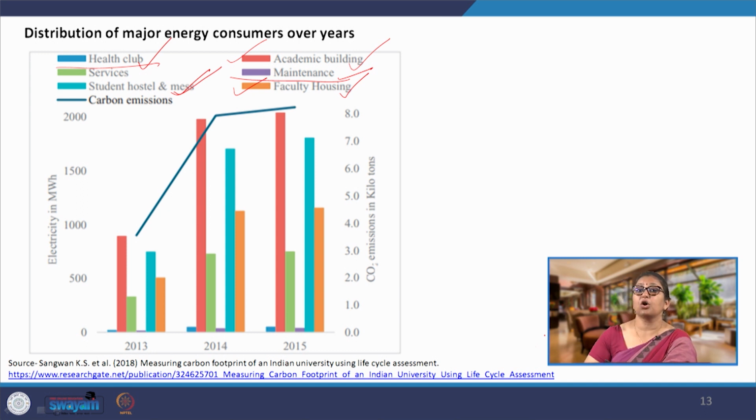There is a lot of work that is going on, it is happening. There are a number of rating programs for green universities, for sustainable universities, and for more than 3 decades, scientists, researchers, they have been working on demonstrating how to reduce the carbon footprint, the energy consumption, the greenhouse gas emissions from university campuses, which themselves act like small cities.